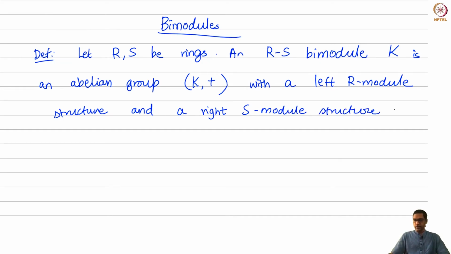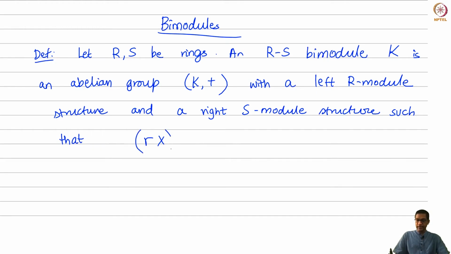There is an additional compatibility condition we require between these two structures, such that the following is true. What does it mean to say there's a left R module and a right S module structure? Given an element X in K, I can define left multiplication by a scalar from R. This makes sense because I have a left R module structure.